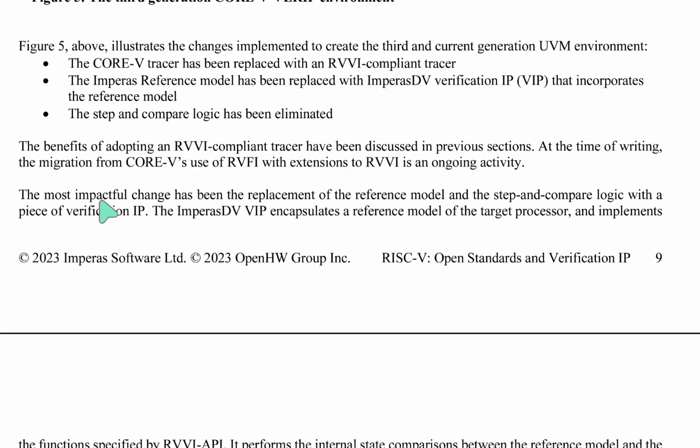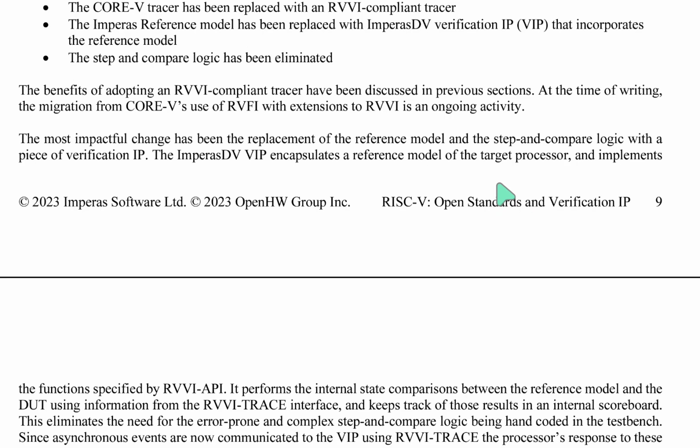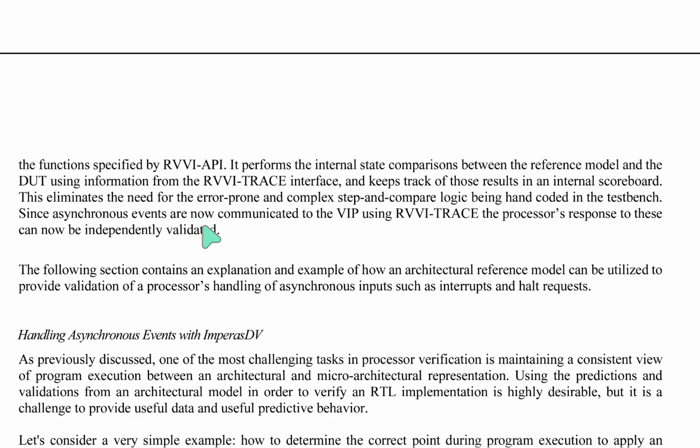The most impactful change has been the replacement of the reference model and step-and-compare logic with a piece of verification IP. The ImperasDV VIP encapsulates the reference model of the target processor and implements the functions specified by the RVVI API.